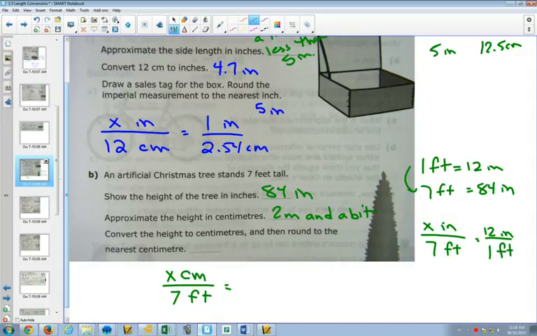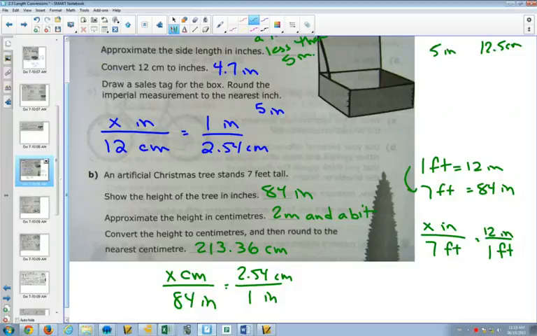So instead of using the 7 feet here on the bottom, since we already changed 7 feet to 84 inches, we could say 84 inches because those are the same. And then over here we could say I know there's 2.54 centimeters in 1 inch. Multiply both sides by 84, and we get 213.36 centimeters. So now we know that the a bit was 13 centimeters.